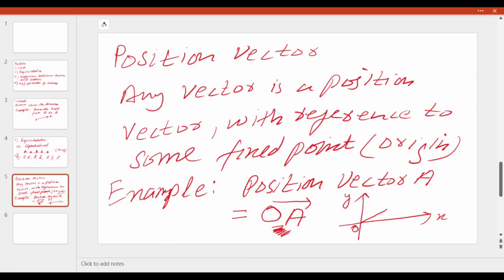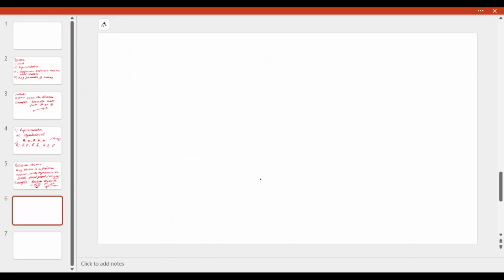So to represent the position vector OA graphically, we do this. This is origin, the position vector, the point A with reference to O, a fixed point, that is origin. It becomes the position vector OA. So this is how we represent the vector.